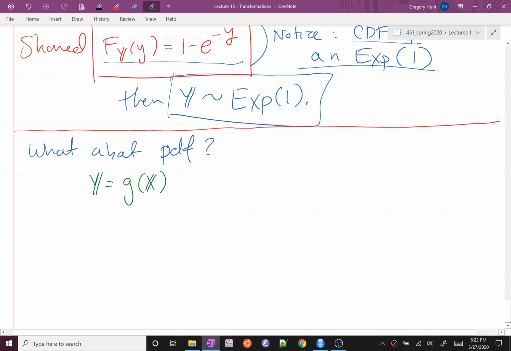and what we're going to assume is that 1, x is continuous. 2, g is continuous and monotone.